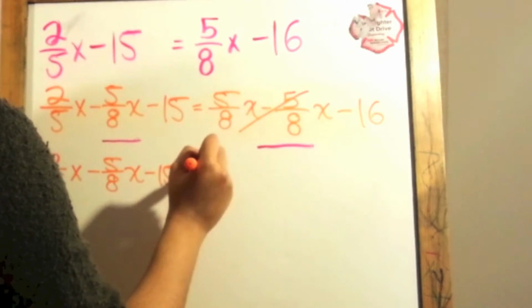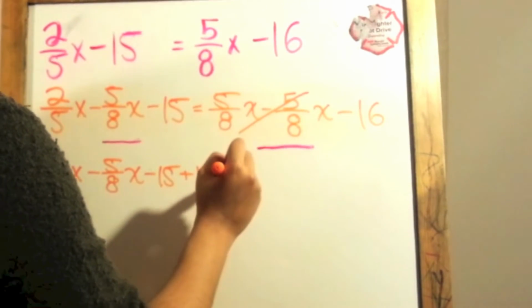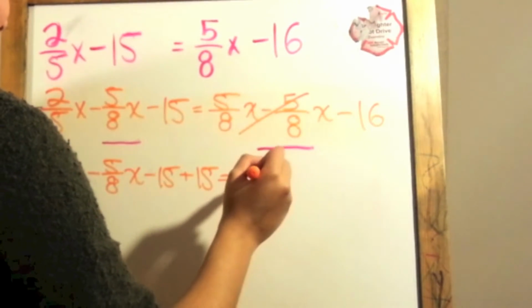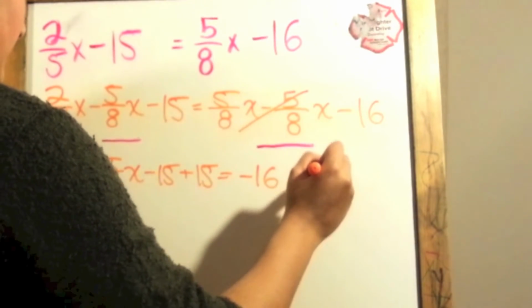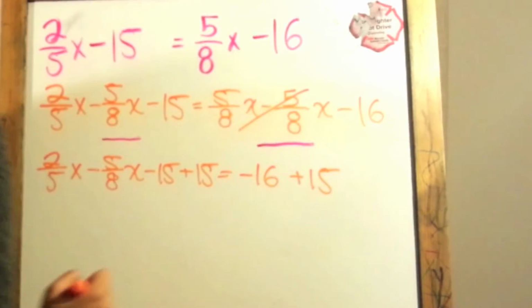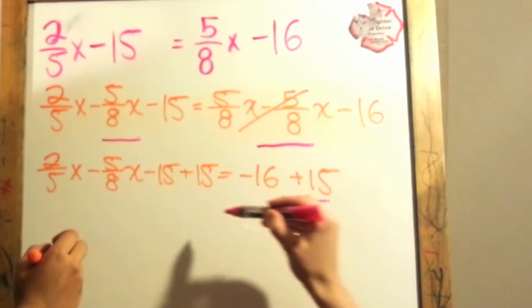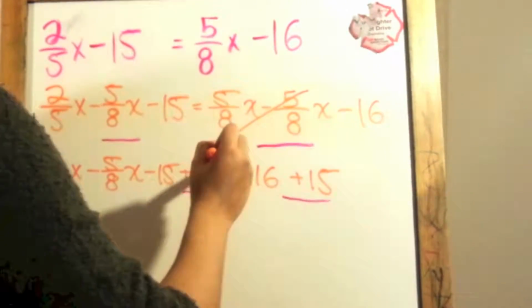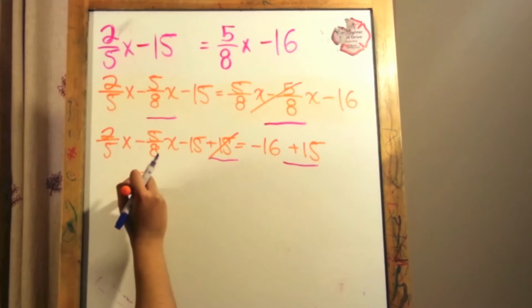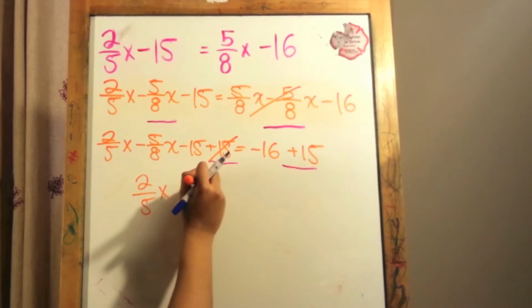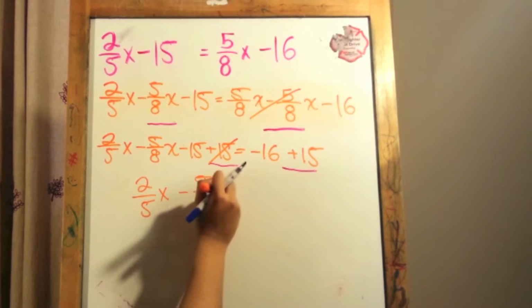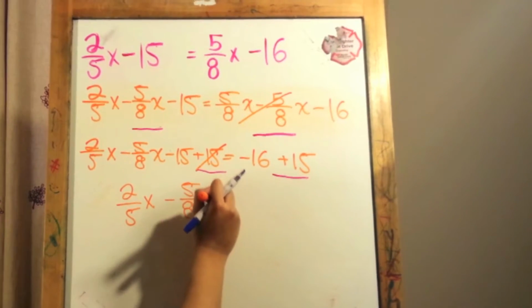So we'll have the variable terms on one side and the number terms on one side. So all we have to do is add 15 onto the left side and the right side. And the 15s will cancel out from the left side. So now we're left with the fractions on one side and the number terms on one side.